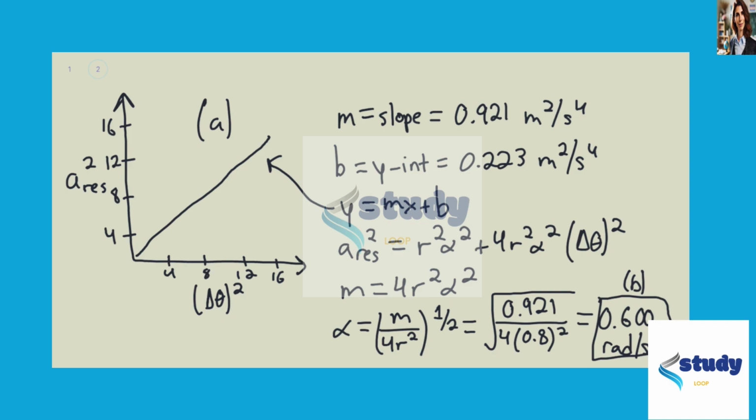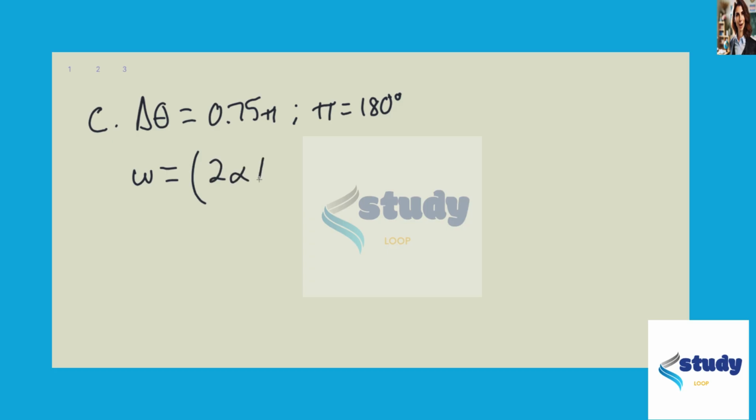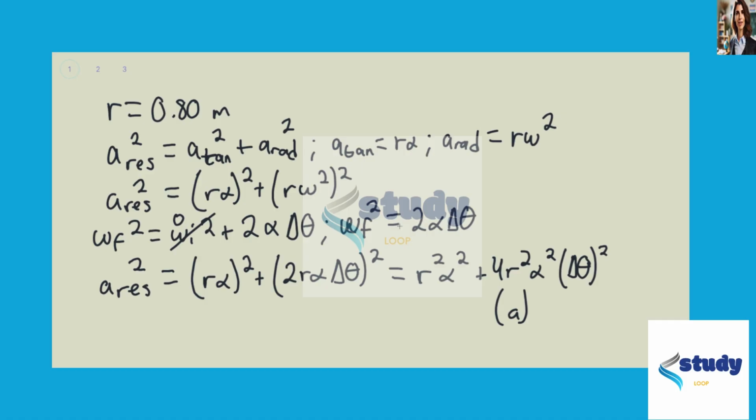For part C, it's asking us what would be the angular velocity at 135 degrees. So 135 degrees corresponds to 0.75 pi, given that pi equals 180 degrees. So our omega would simply be 2 alpha theta to the 1/2 power. And this equation is from this equation here.